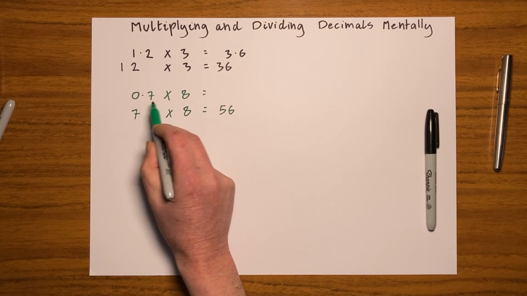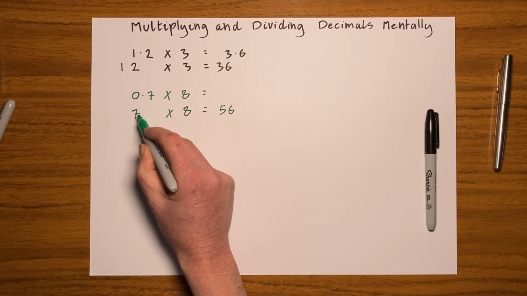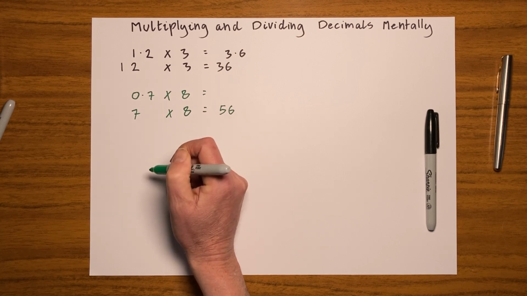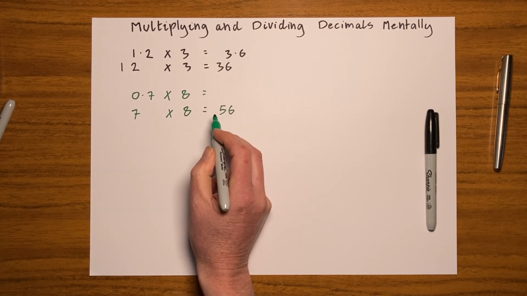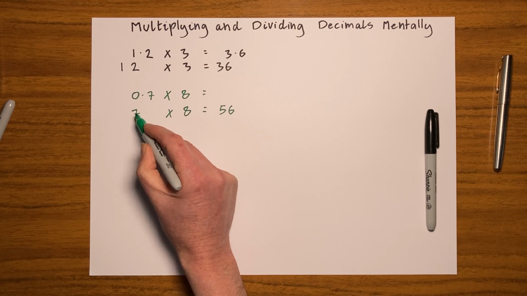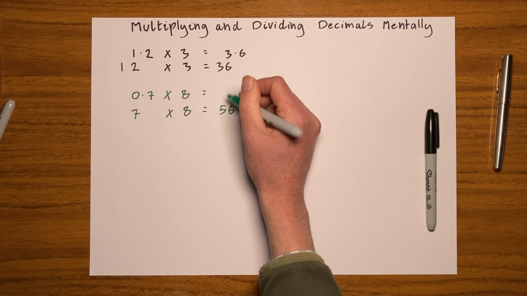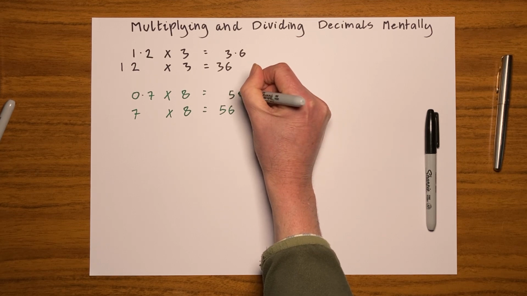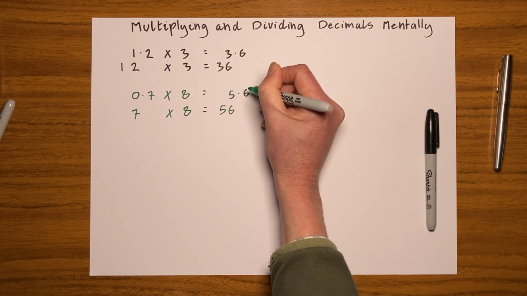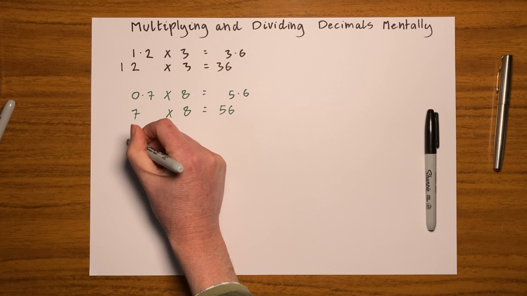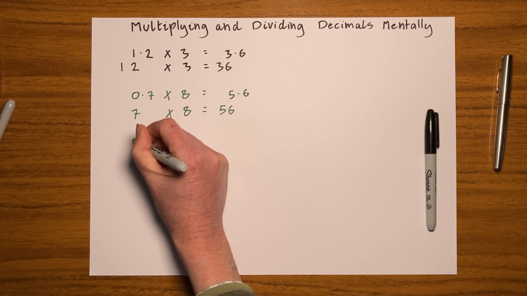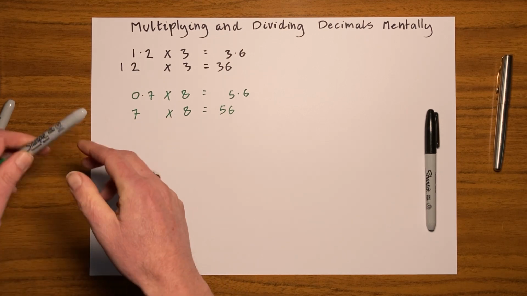So 0.7 times 8. 0.7 is 10 times less than 7. So my answer must be 10 times less. 10 times less than 56 is 5.6.